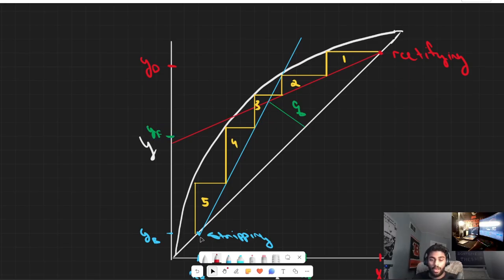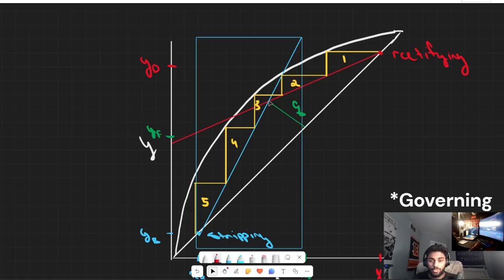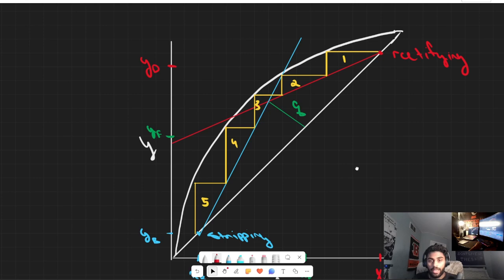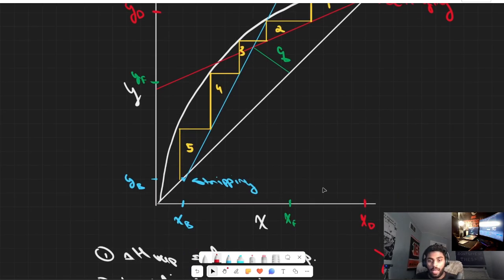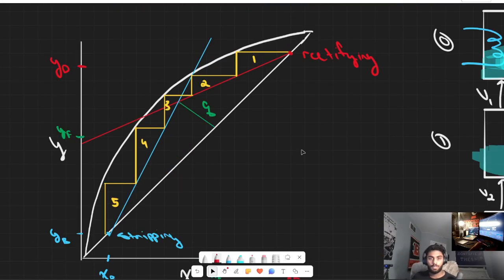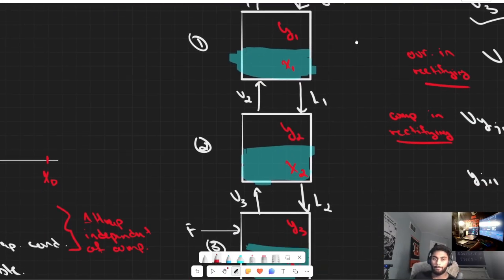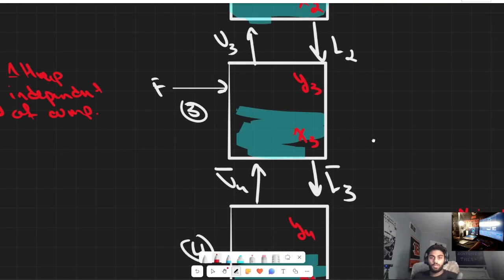So at this point, we have derived the governing equation for our rectifying line. We have derived our equation for our stripping line, and we see where these two lines intersect is where we get our Q line, which is tied to our feed composition. So this is the next step in our derivation. So let's talk about this a little bit. We're going to our feed stage now.